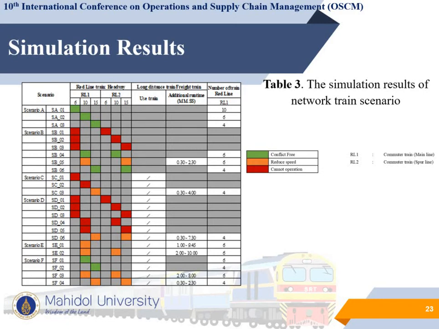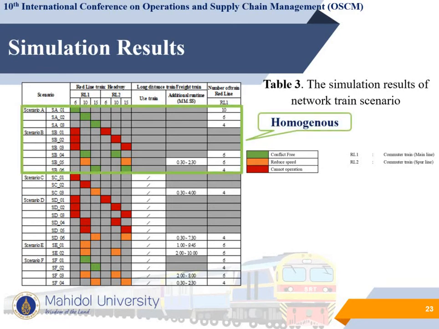Table 7 shows the simulation results of the network chain scenarios. From scenario A to scenario F, the results show RL1 is Bang Sue to Saraya and RL2 is similar to Saraya. This is the result of the operation.